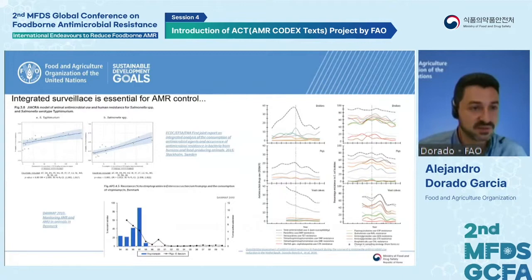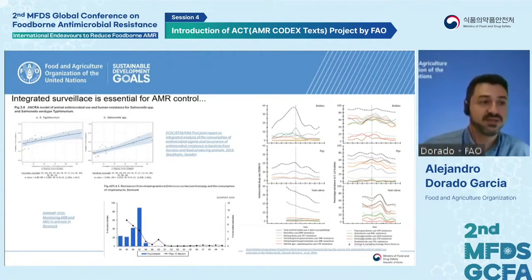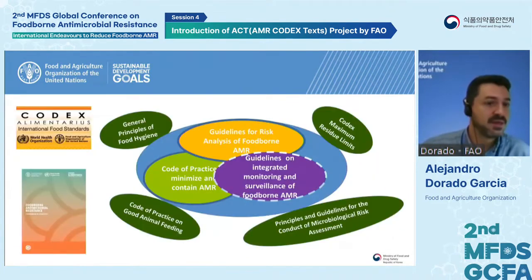So we know that integrated surveillance is essential, not only across sectors, but also across different types of data, correlating antimicrobial use and main drivers with antimicrobial resistance, to evaluate the effect of interventions. The last piece of international recognition on integrated surveillance has been the adoption of the guidelines on integrated monitoring and surveillance of foodborne AMR by the Codex Alimentarius.